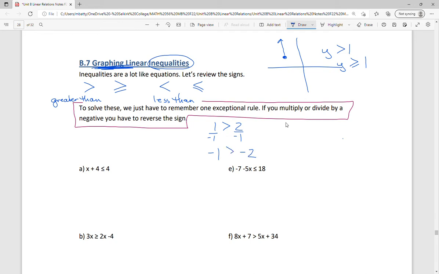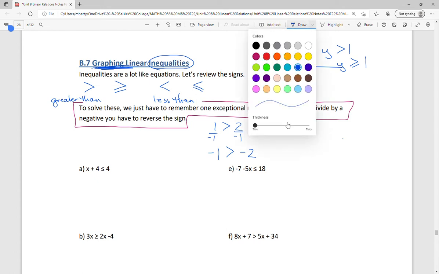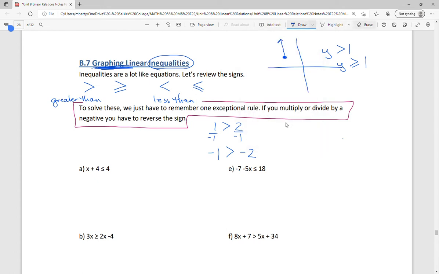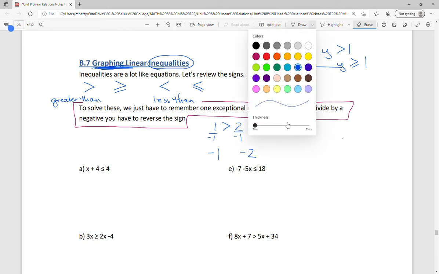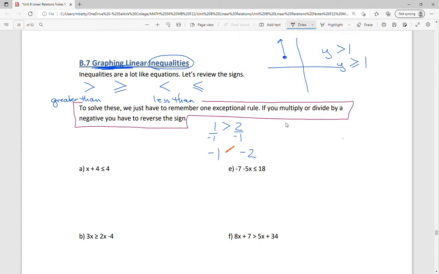If I put this sign in between, is -1 bigger than -2? No. That is my clue that there is something funky going on. So when I do this solving, I have to reverse the sign. If you multiply or divide by a negative number, you have to reverse whatever the inequality sign is.